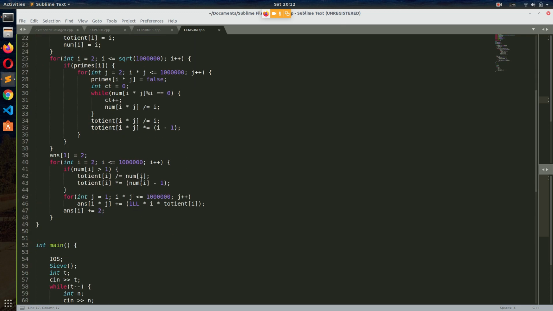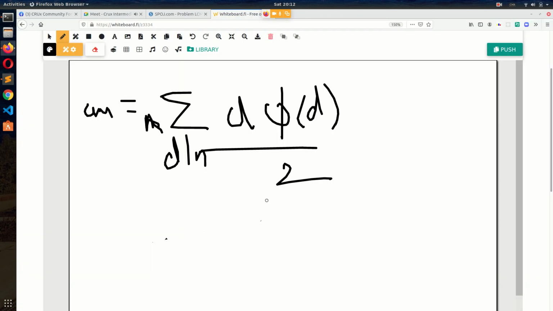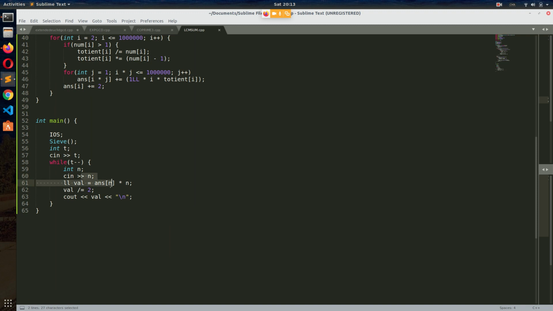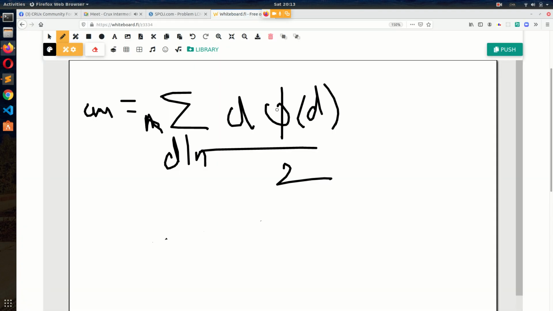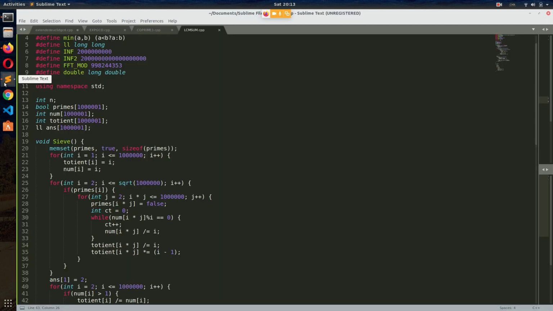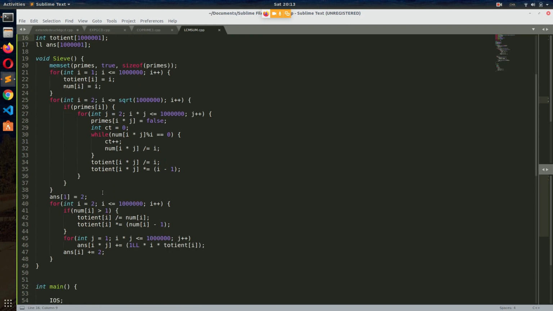Yeah, so we pre-calculate each sum for each possible n, and when we have to answer queries, we just multiply it by n and divide by 2 and answer it. d into phi of d, this sum we pre-calculate for everything. Okay, so the answer calculation is pretty simple like the last problems.